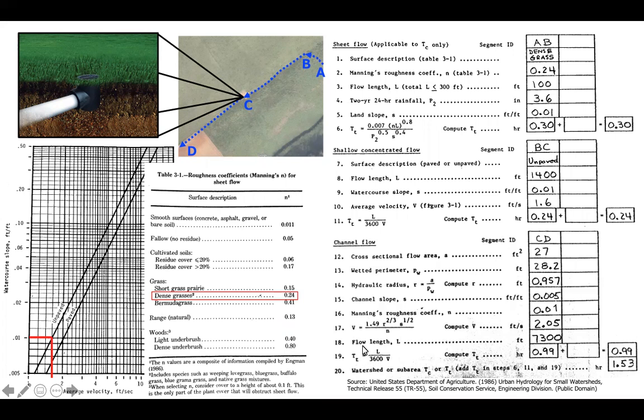And using that length and velocity, we can calculate the time of concentration, which in this particular example gives a value of 0.99 hours. So the last step would be to sum together these 3 parts to get the total time of concentration, which we can see here is approximately 1.5 hours.